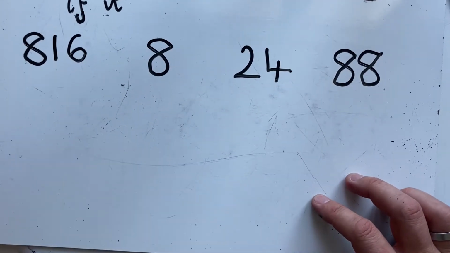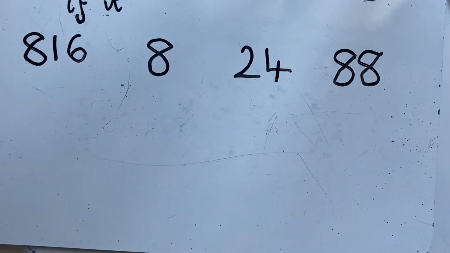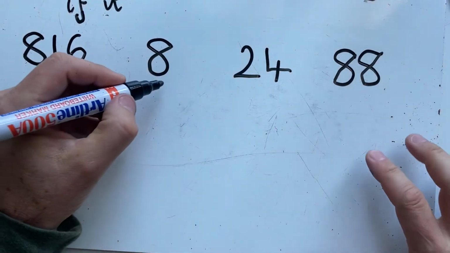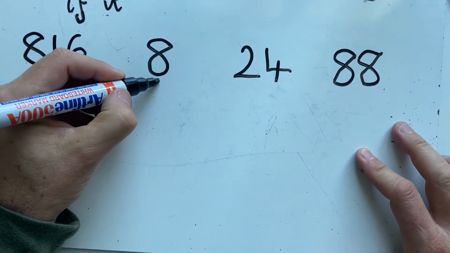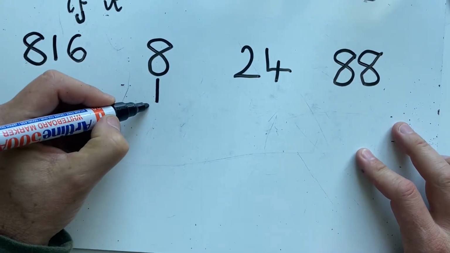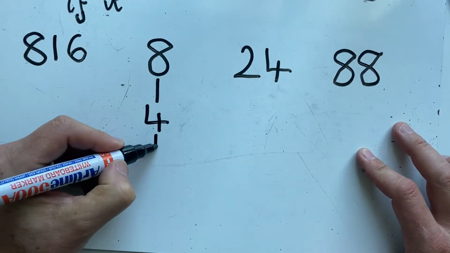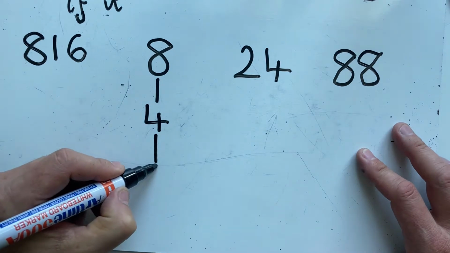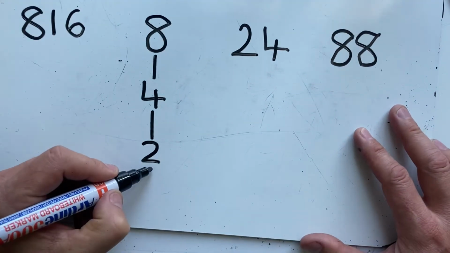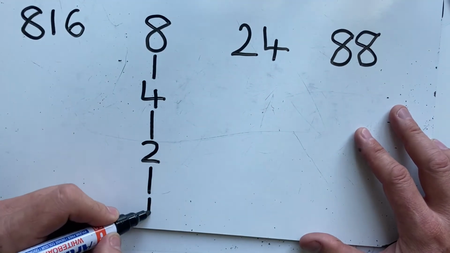If you've seen D7.4, the test of divisibility by 4, this one's very closely linked because all of the numbers that are in the 8 times table are actually in the 4 times table as well. You can test that out if you like. So, if I halve my number, half of 8 is 4, and I halve it again, half of 4 is 2, and I halve it a third time.